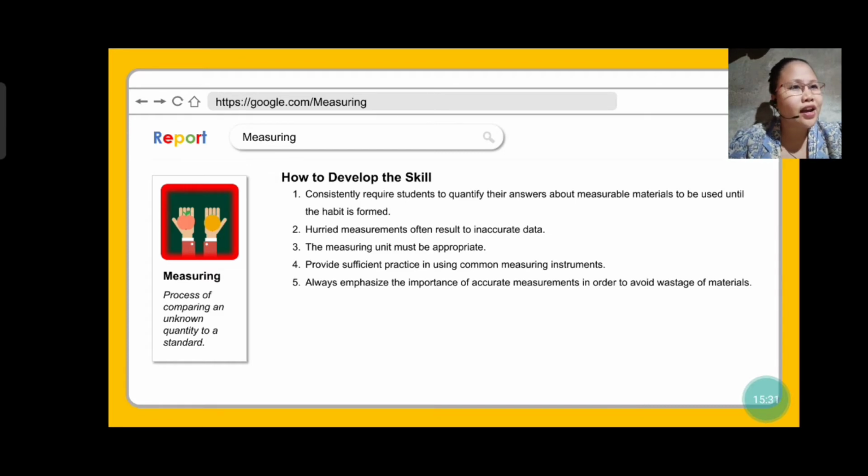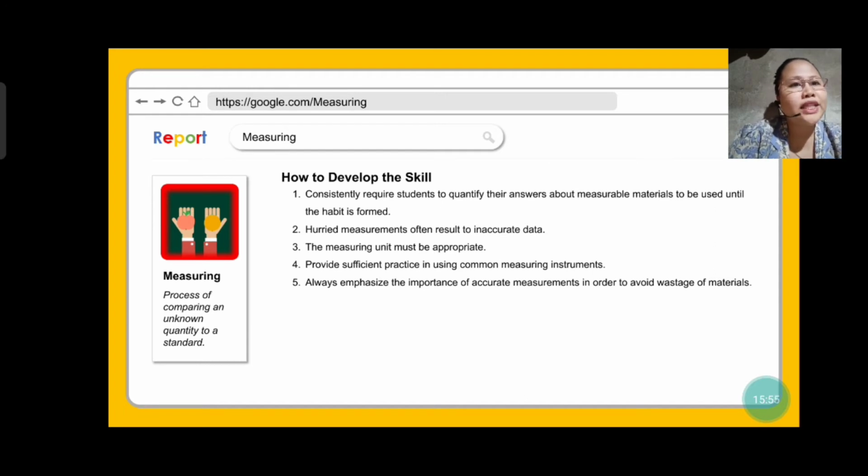Instead of measuring in centimeters, they measure in inches. So they must practice using the common measuring instruments. For example, the most common are the meter stick and the tape measure. They must practice how to use those instruments.